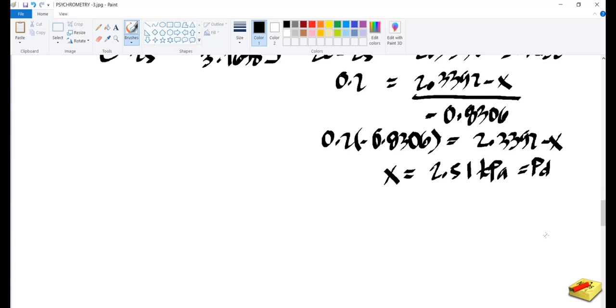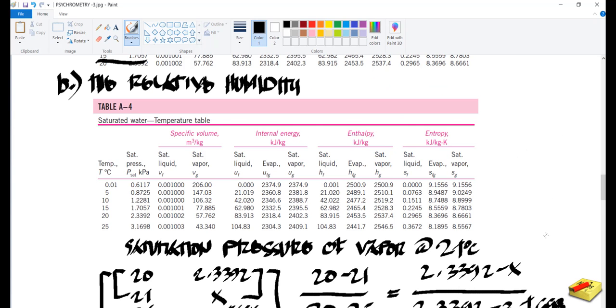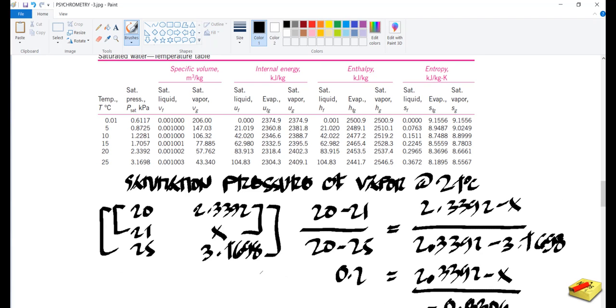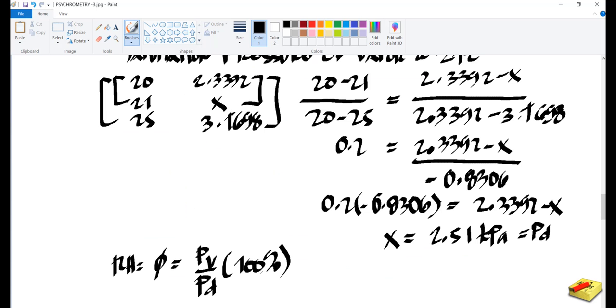So solving for the relative humidity, okay, so we know that our relative humidity is equal to the ratio of partial pressure of vapor to the saturation pressure of vapor, then multiplied by 100%. So what we're looking for is the relative humidity.